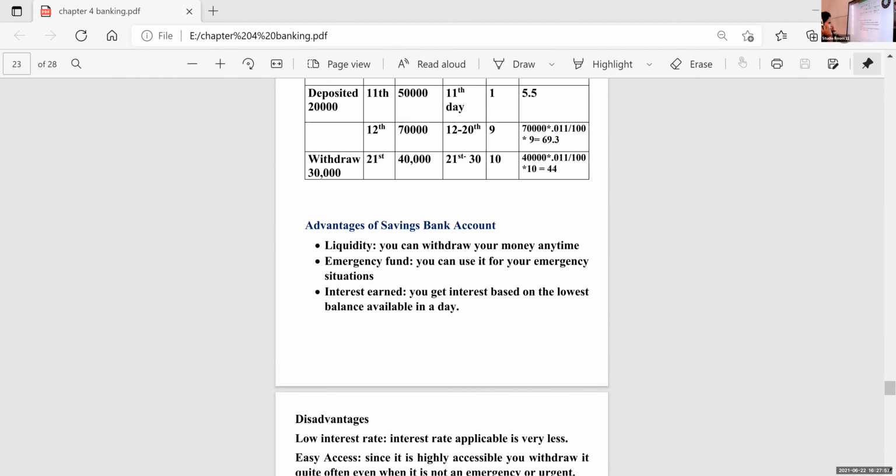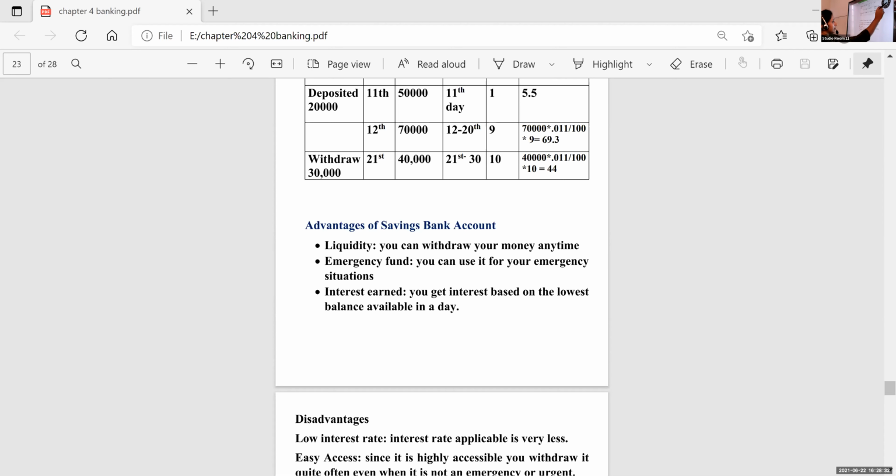Interest earned: even though the interest is less, you still get some interest on the amount. If you keep it idle inside your purse, will you get interest? No. So in the savings account, you get an interest rate. Three points: liquidity, emergency fund, interest earned.